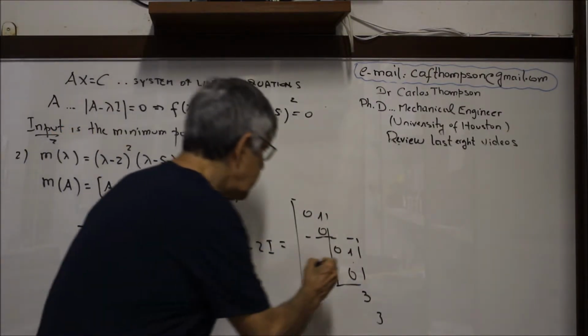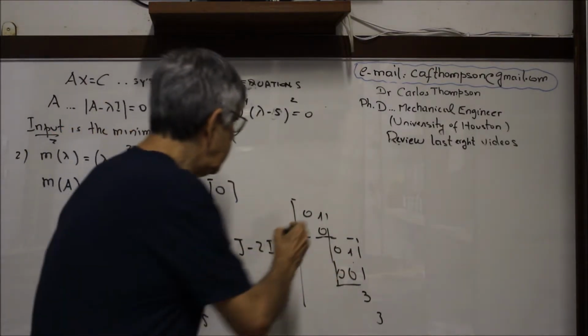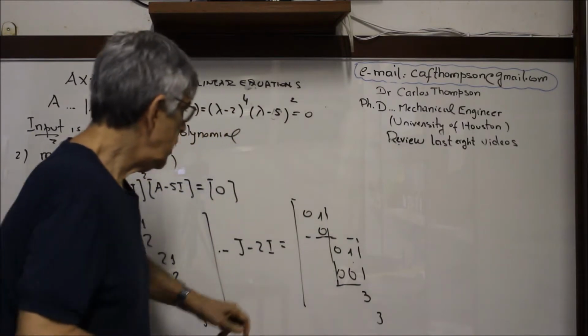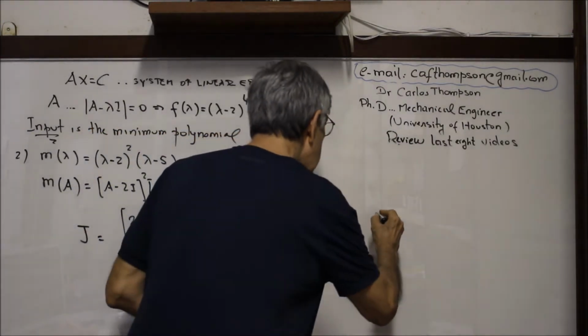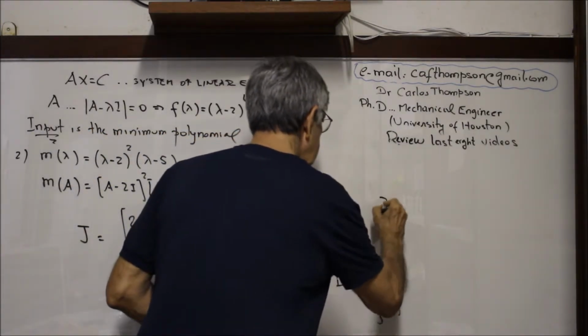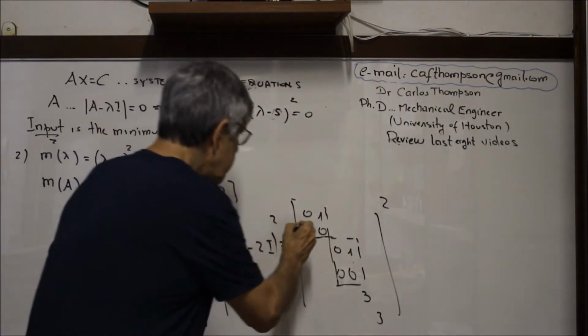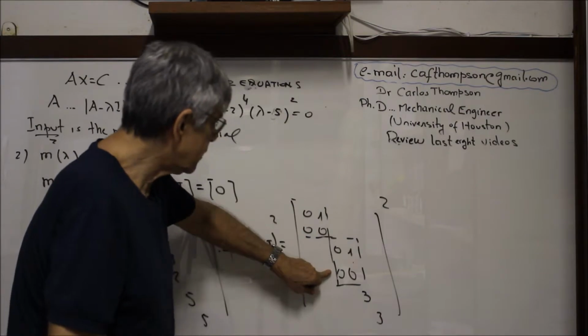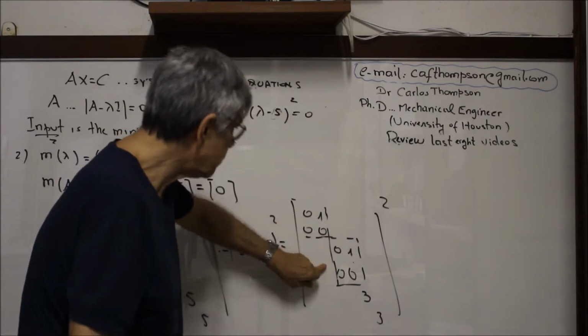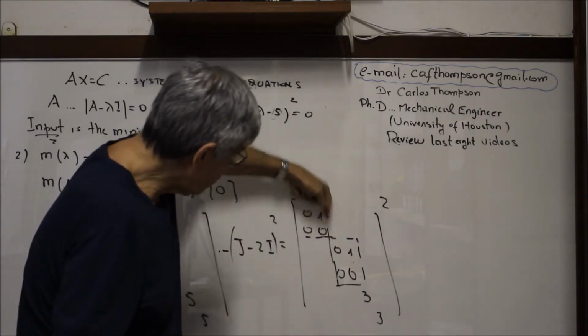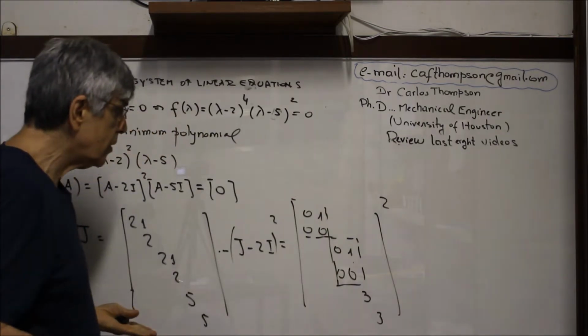Now look, if this is a block, here is another block. I can see here that in this situation, if I square it, I'll have 0 here and 0 here too.